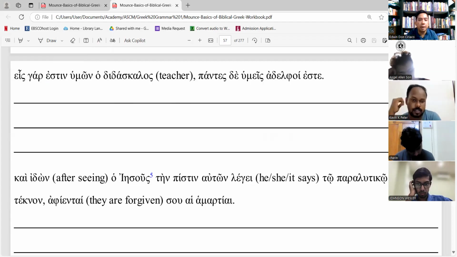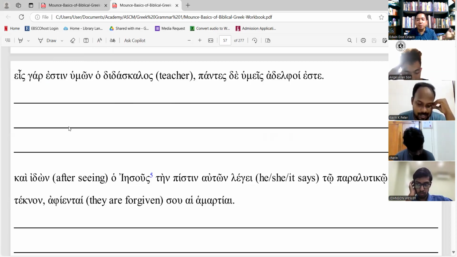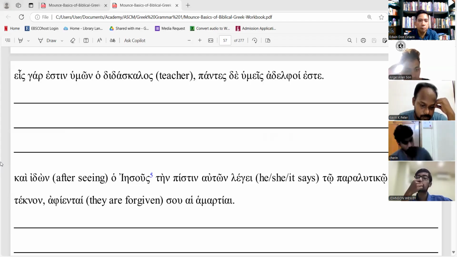Kevin, do you remember gar? Gar is the conjunction for, okay? The word gar is the first word in John 3:16. No, not really, because utos gar. So it is the second word. Utos gar. Okay? That is for. Remember, humon, we talk about this in this lesson.